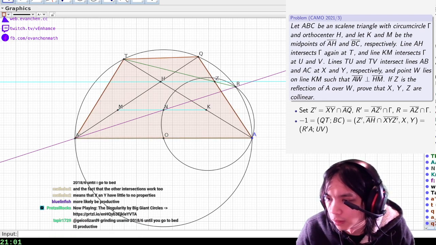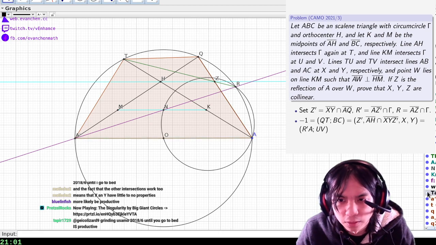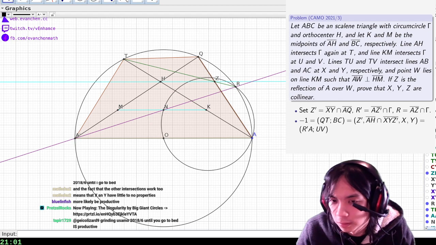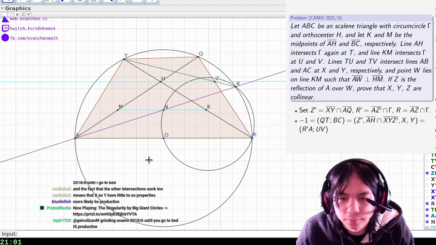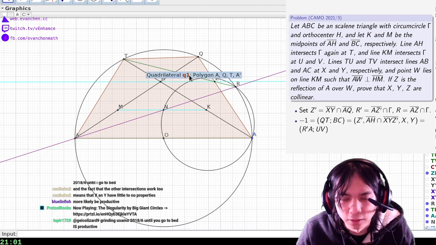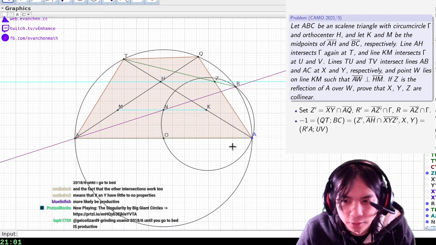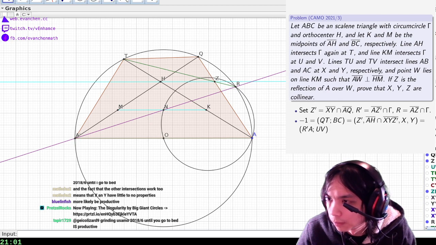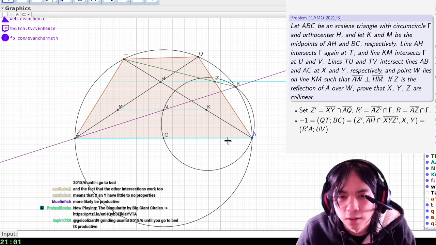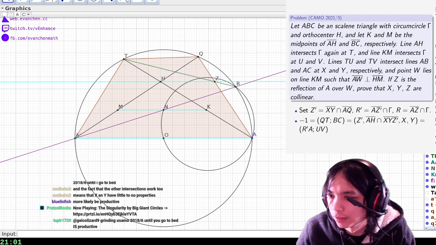I'm going to hide TA prime and the other black segment AQ. This is a lot easier to see because now AA prime is horizontal. Which one is the... TQ looks parallel, it's not supposed to.